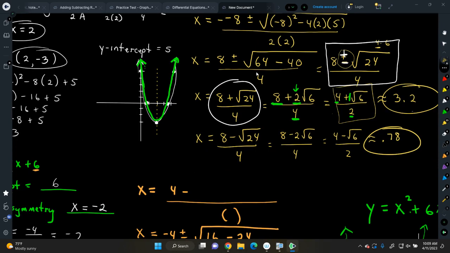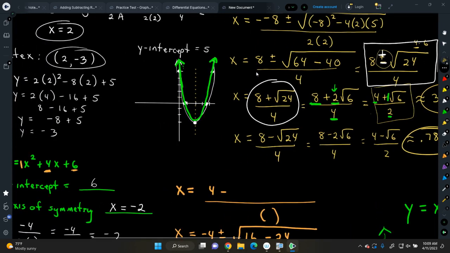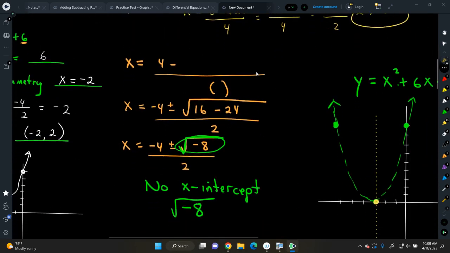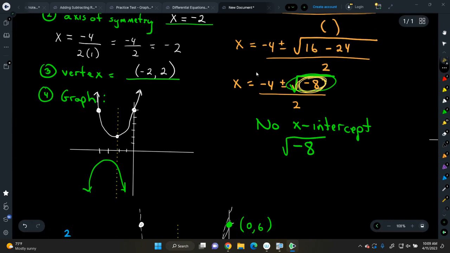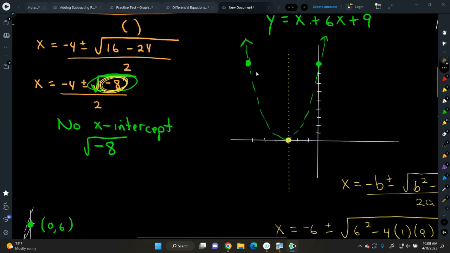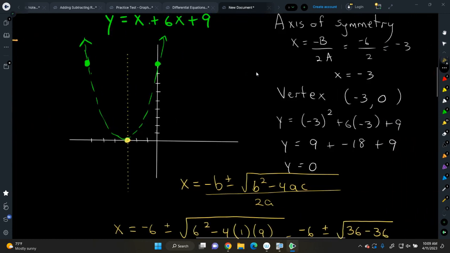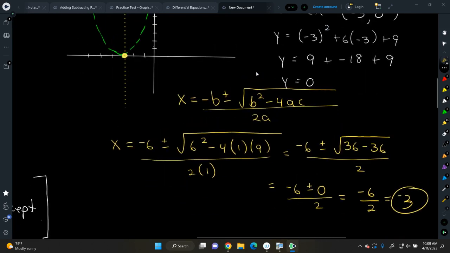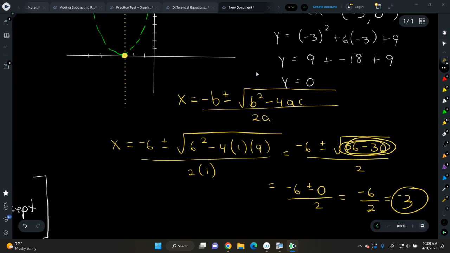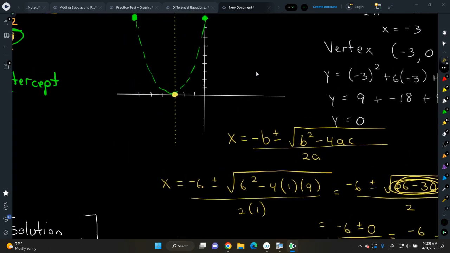I showed you an example where there were no solutions and the number inside the square root was negative. And now I just showed you an example where there's only 1 solution. And what's the number inside the square root? It's a 0. When that happens, there's only 1 solution.